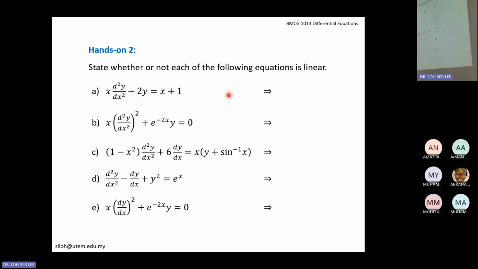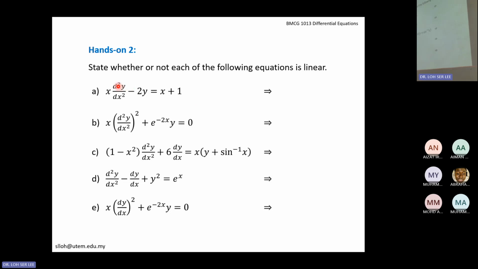Now if you look at hands-on number 2, is this linear? We check the criteria one by one. Criterion 1: do all the derivatives and the dependent variable appear to degree 1? Yes or no? Why yes?